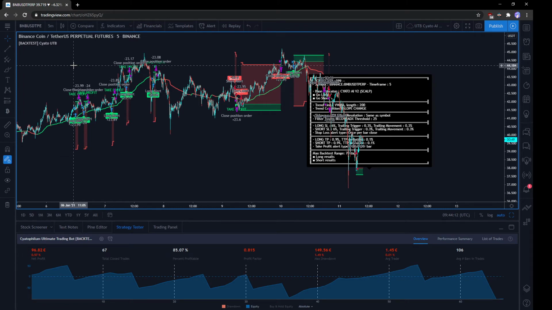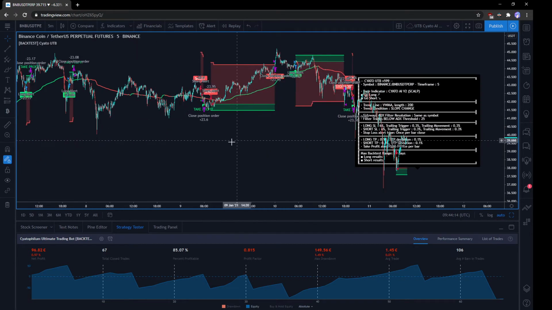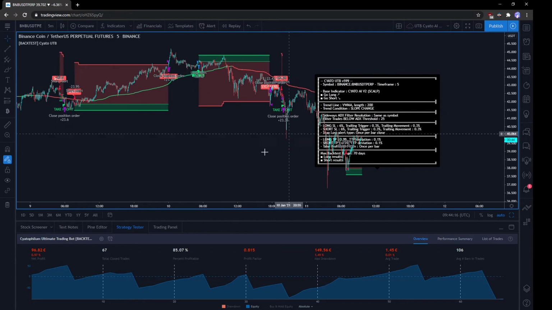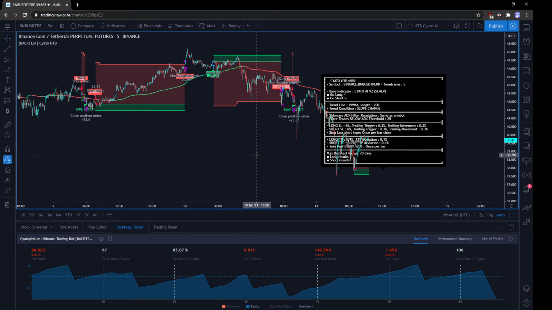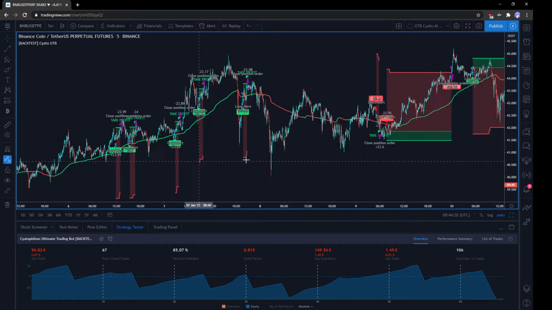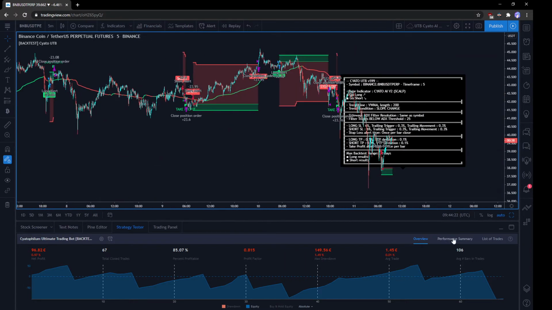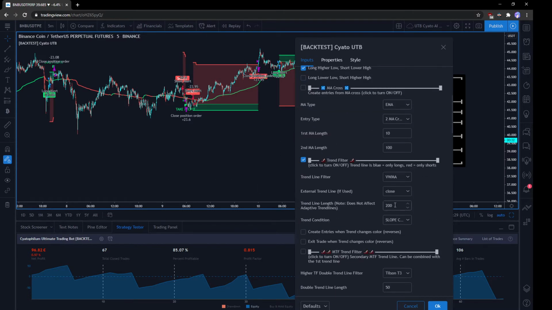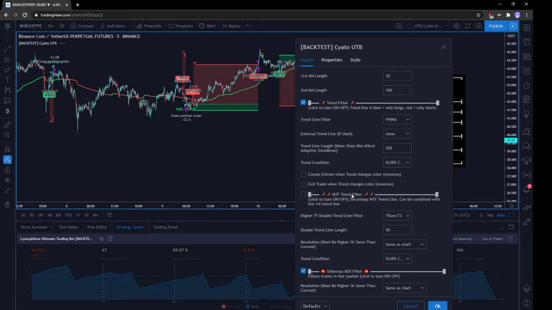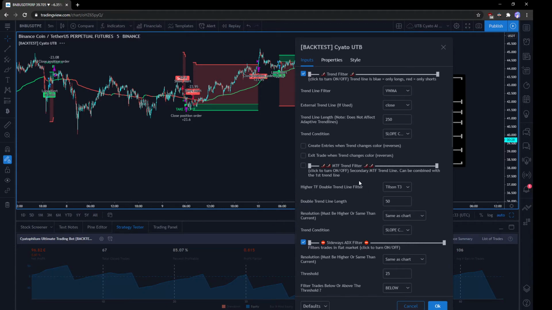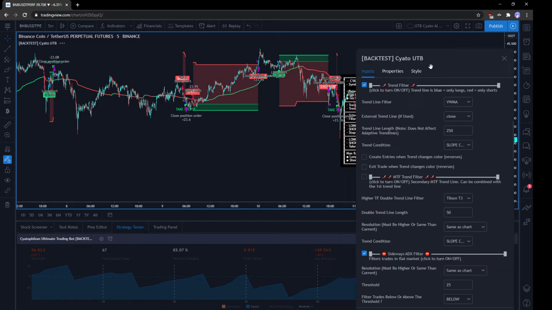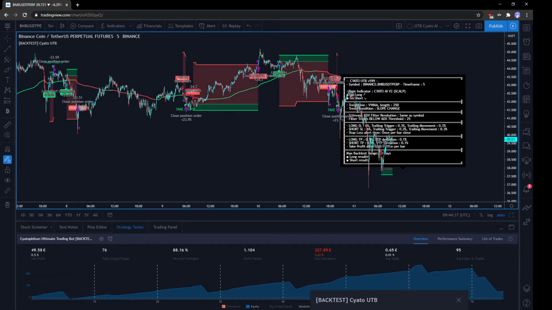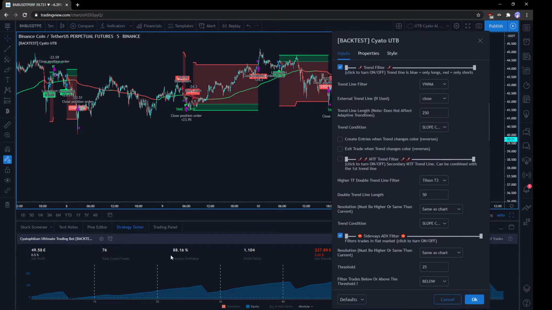Ouch. So when you see red numbers like this, it means that the strategy is not profitable. You need to change it a bit. Can increase the length, can add a secondary trend line, like on the other two strategies that I made just before. Okay, so now it's not red anymore.